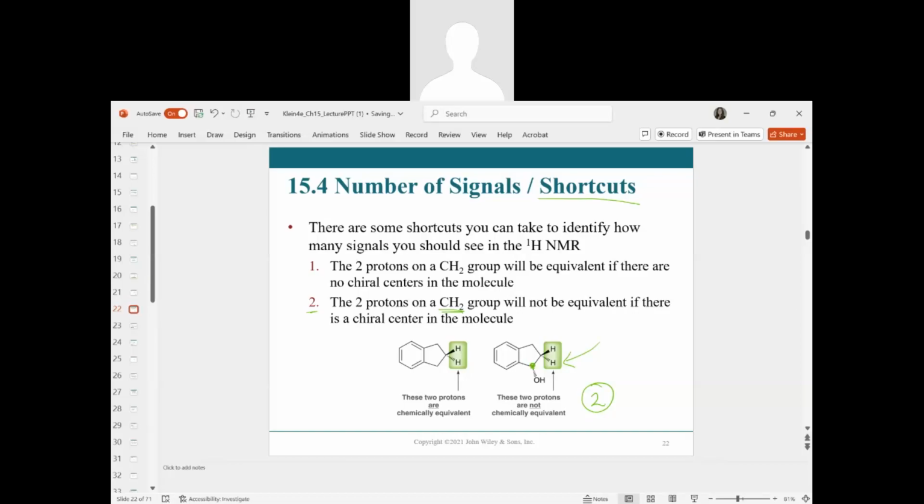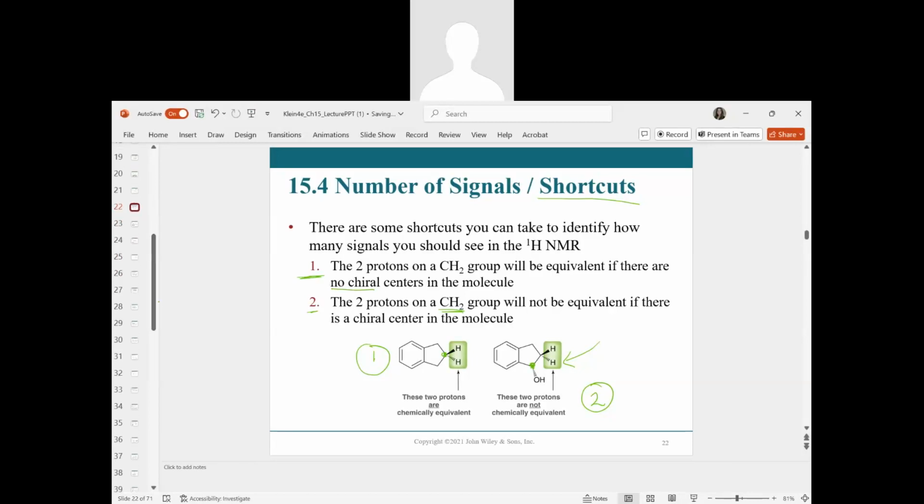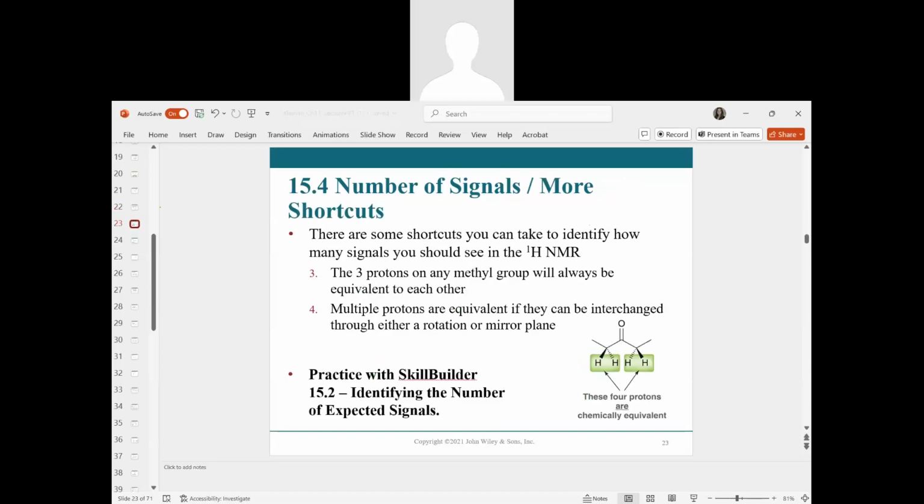But looking over here at consideration 1, if the 2 protons are on a CH2 group, so we have these 2 protons on the same carbon, they would be considered chemically equivalent if there are no chiral centers in the molecule. So again, this is a shortcut that you can use when considering, are these going to be enantiotopic or homotopic protons versus not chemically equivalent diastereotopic protons.